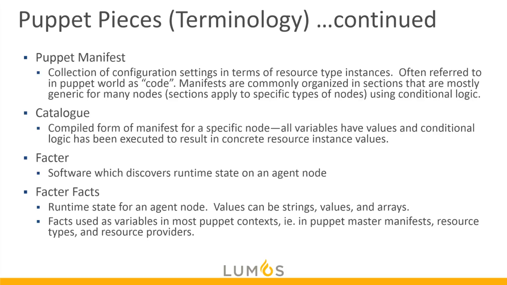And then Facter facts, which, it's always fun to say, Facter facts, but this is basically what is the runtime state for a Puppet agent node. So these values can be expressed as strings, integers, values, and arrays. And these facts use variables in most of the Puppet context. So for instance, the Puppet master manifest, the resource type, and the resource provider.